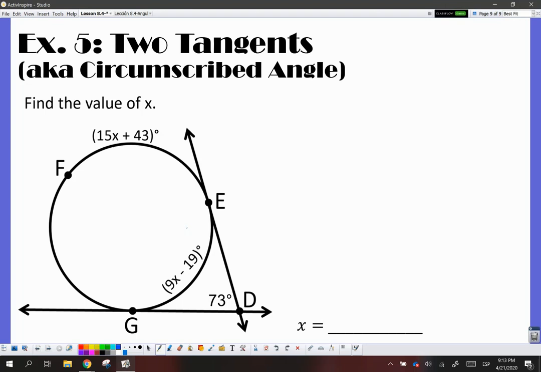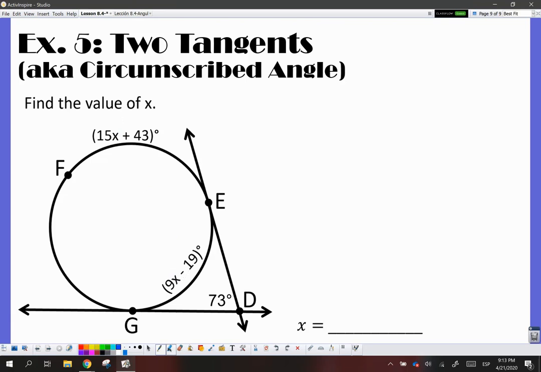Anything that's inscribed is completely inside a circle, but anything that's circumscribed is outside the circle. Now in this case, we need to find the value of x. We're given the two tangents, we're given the angle measure here, and we have expressions for our arc measures.